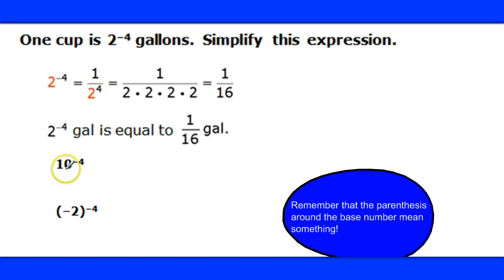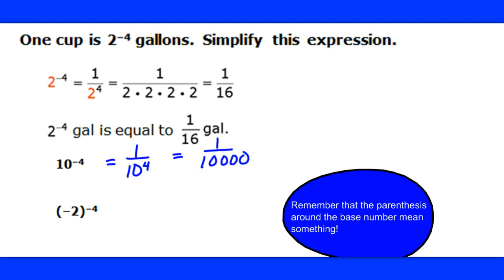Okay? Let's do this one. 10 to the -4th power is equal to 1 over 10 to the 4th. Remember, the instruction said 1 divided by that base to the positive exponent, which is going to be 1 over, and that's a 1 with 4 zeros.